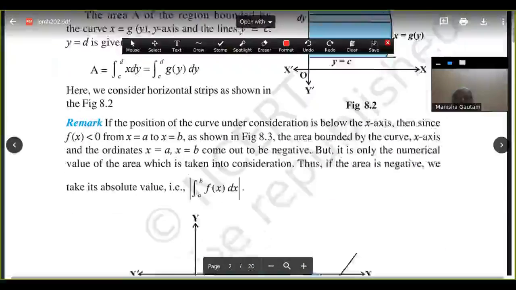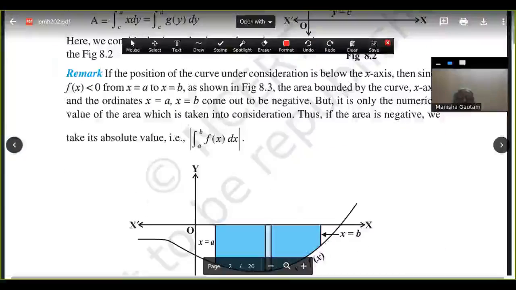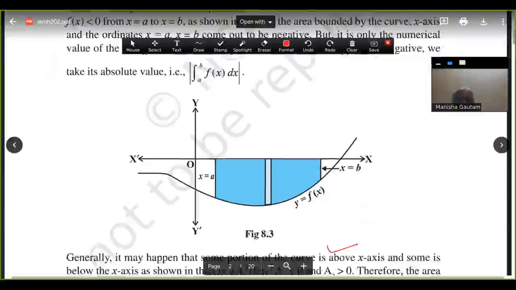One more thing we have to observe here. If the graph is like this, as it is shown in figure 8.3, as you see here, the whole graph is under the x-axis. Whenever the graph is under the x-axis, it means you will get the negative value of the area. But as you know that area cannot be negative, so what?